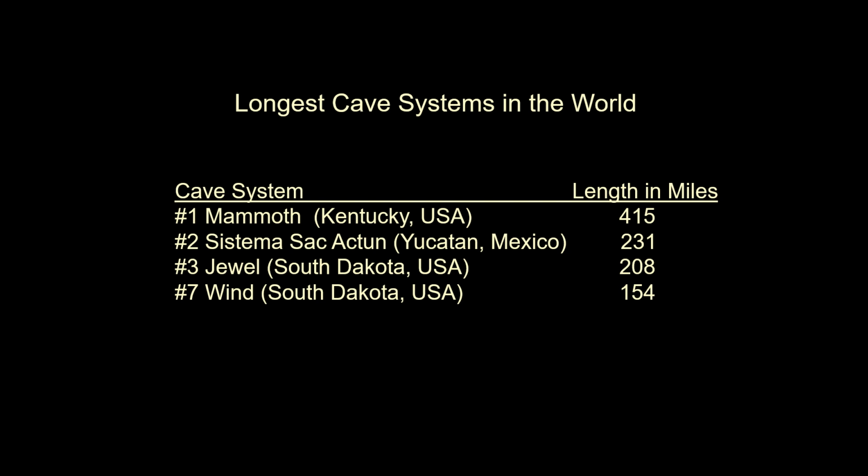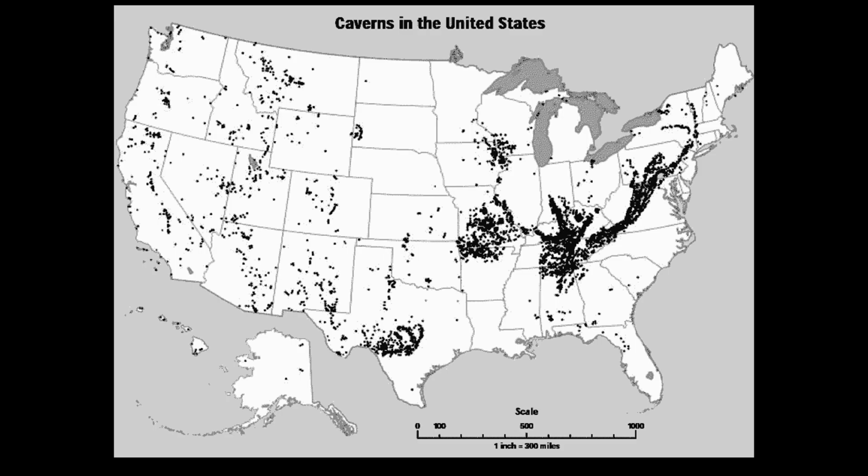And some of the longest cave systems in the world. I mentioned the biggest one in the world. We can take pride. It's in Kentucky in the U.S., Mammoth Cave, with 415 miles of passageways. And new passageways being discovered all the time. And a few other caves, Jewel and Wind Cave, are both in South Dakota. They're also pretty long. And just to show you where caves are located, the concentration of caves here in Missouri and the northern part of Arkansas and the Ozark region.